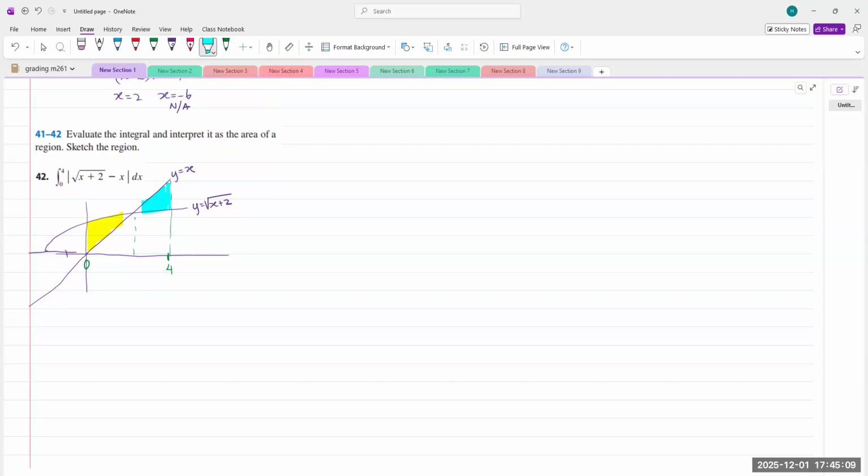Okay, we need to find where they intersect first. y equals x equals square root of x plus 2. Let's solve this. So I get x equals 2 and x equals negative 1, which does not apply.